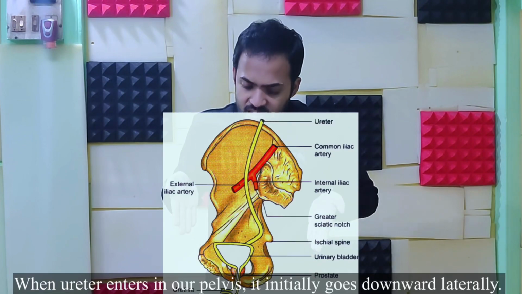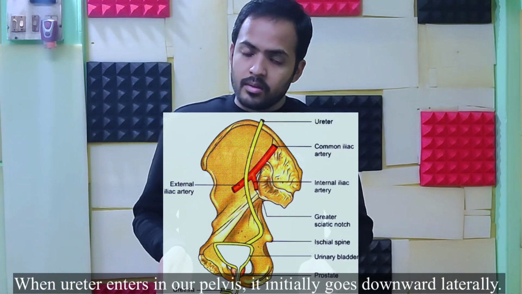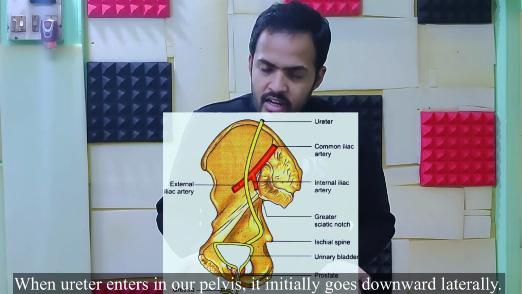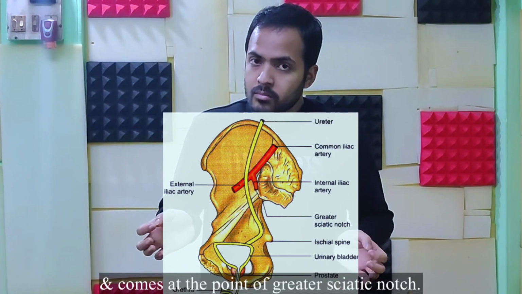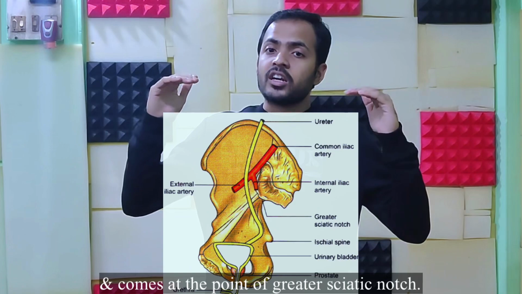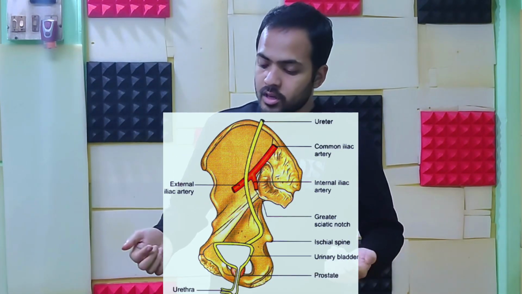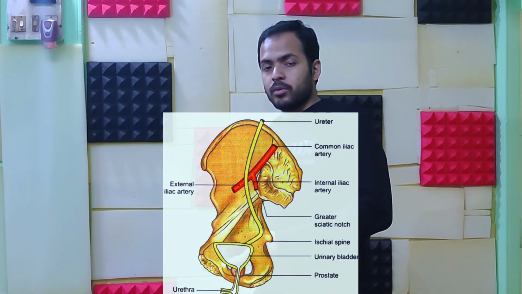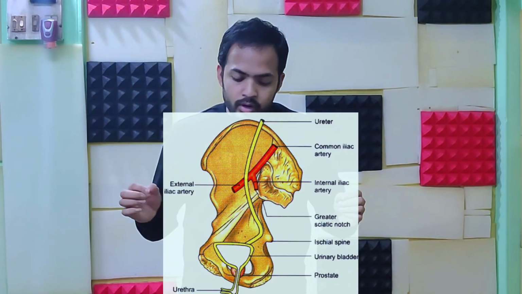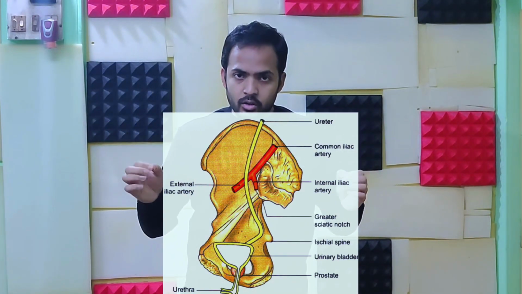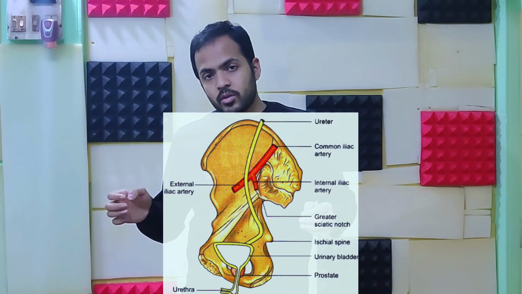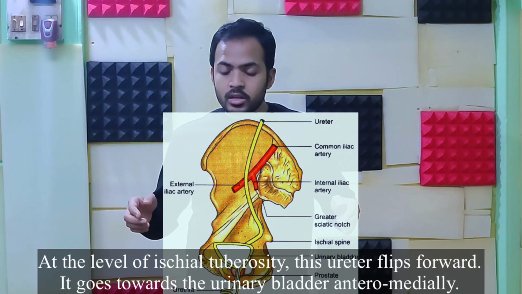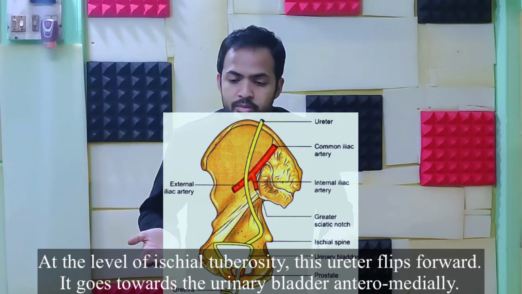When it enters our pelvis, it initially goes laterally, and it comes to the point where our greater sciatic notch lies. The greater sciatic notch is a part of our pelvic bone. Now when it comes near the greater sciatic notch and our ischial tuberosity, at the level of the ischial tuberosity, this ureter flips forward.